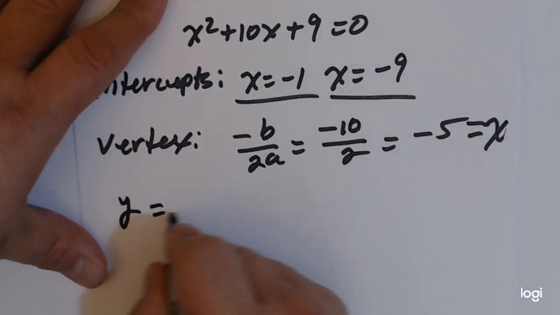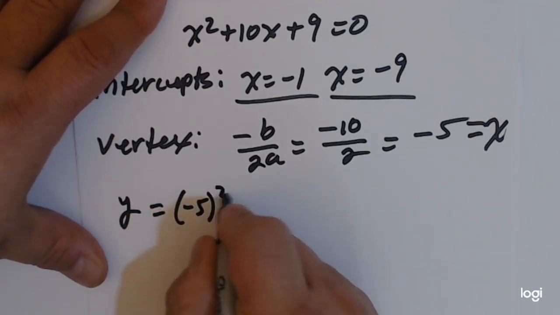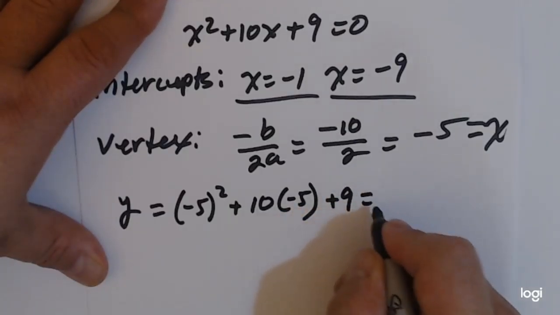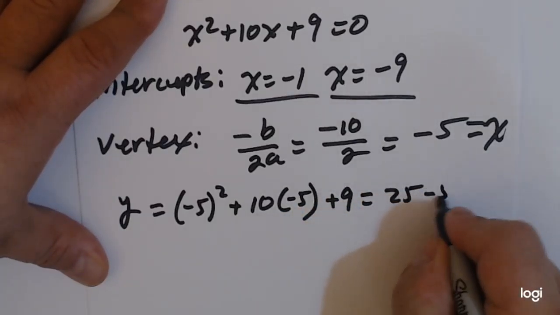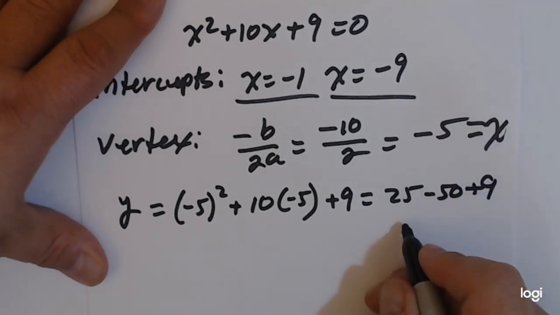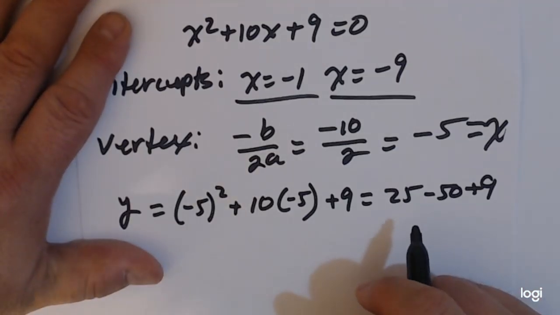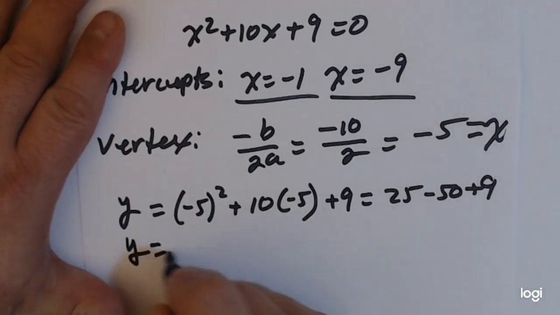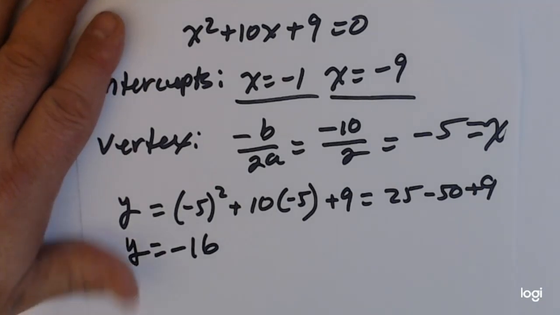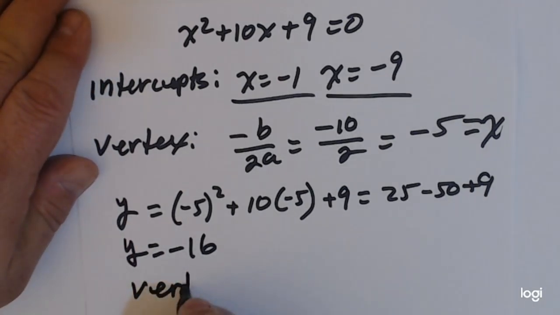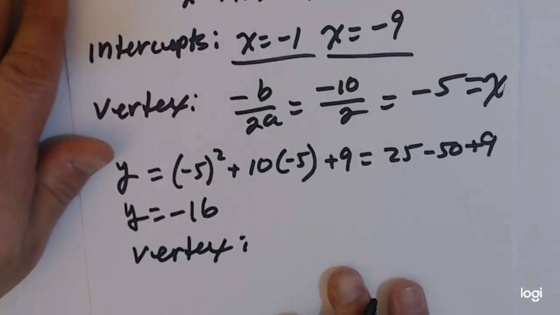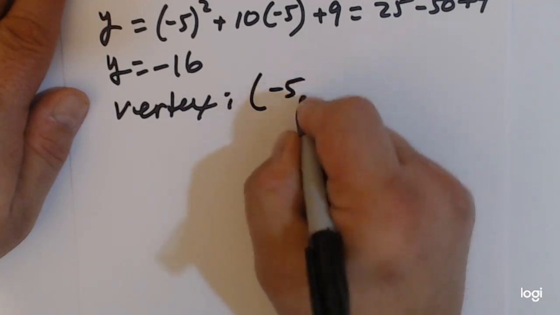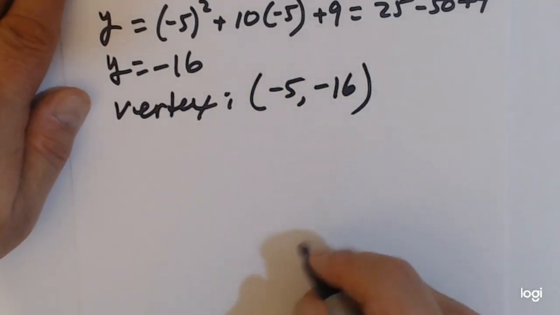Y is going to be equal to negative 5 squared plus 10 times negative 5 plus 9 is 25 minus 50 plus 9 is negative 25 plus 9, I believe, is negative 16. So y equals negative 16. So the vertex is negative 5 comma negative 16.